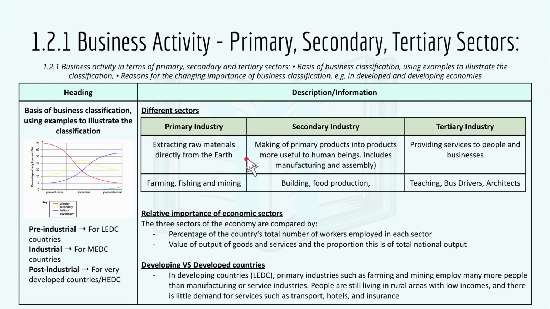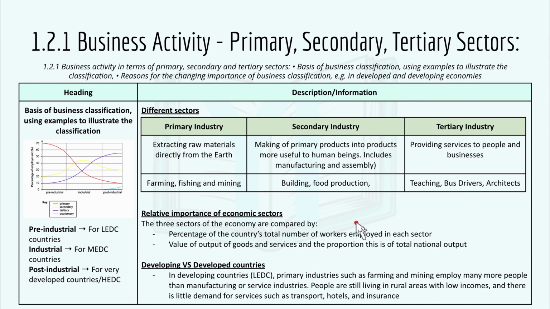And secondary industry is making of primary products into products more useful to human beings, and it includes manufacturing and assembly. For example, it could be building or food production. And tertiary industry, it could be providing services to people and businesses, for example teaching, bus drivers, and architects.